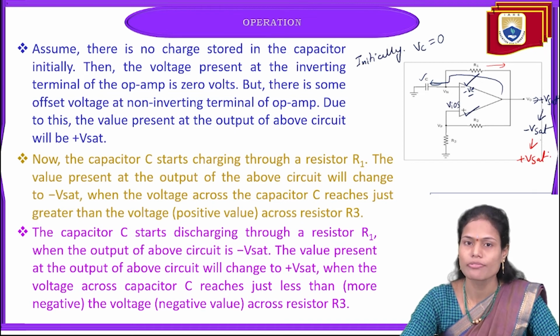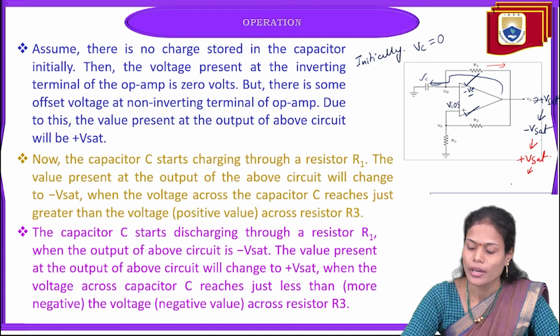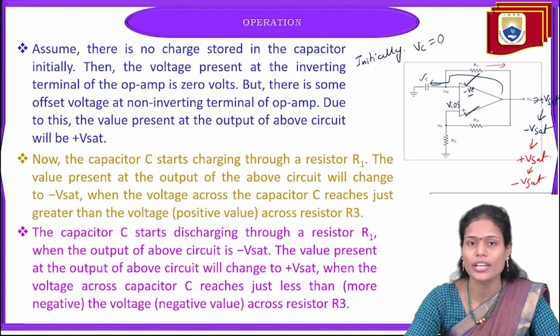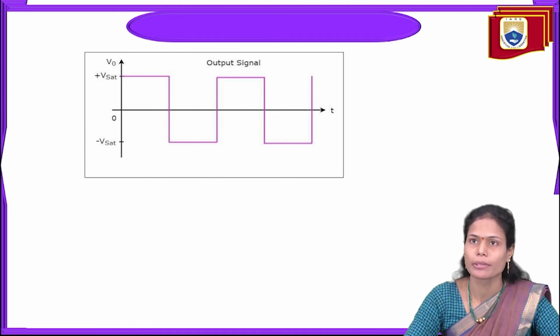In this way the circuit changes from plus Vsat to minus Vsat, and from minus Vsat to plus Vsat, and again from plus Vsat to minus Vsat, depending upon the charging and discharging levels of the capacitor. So this is the output signal we will get from that particular square wave circuit.